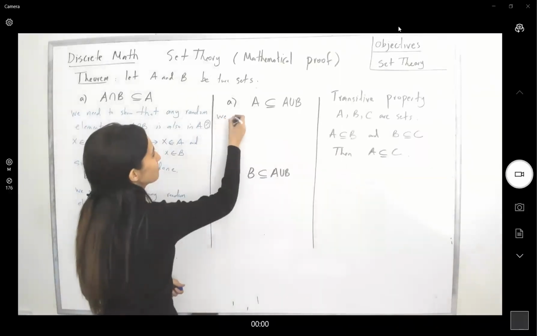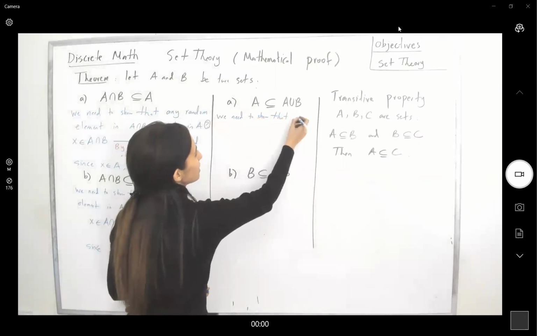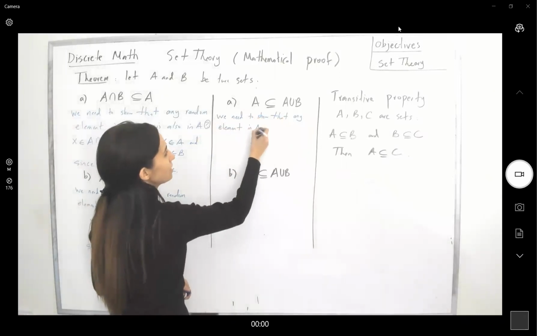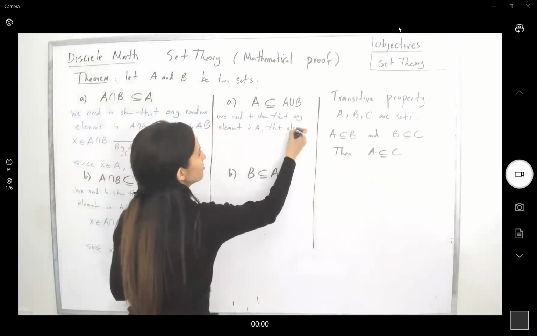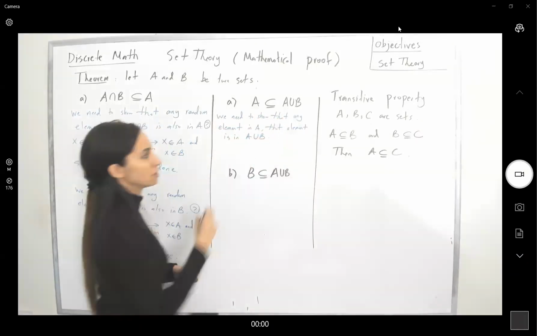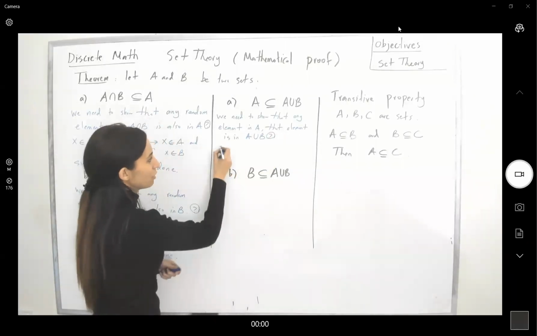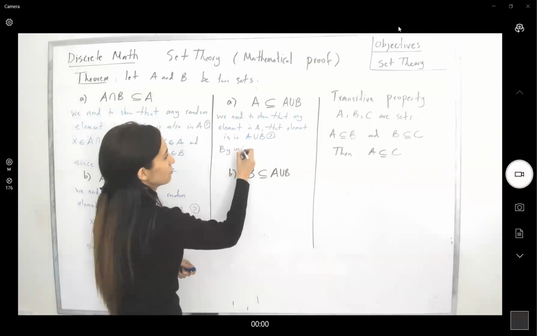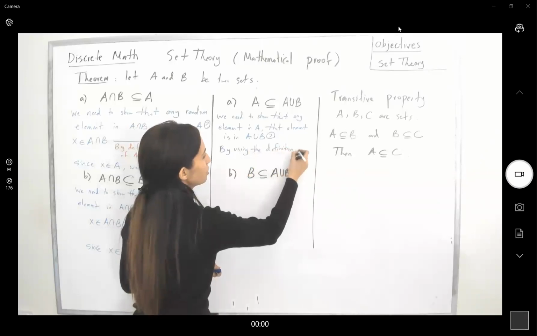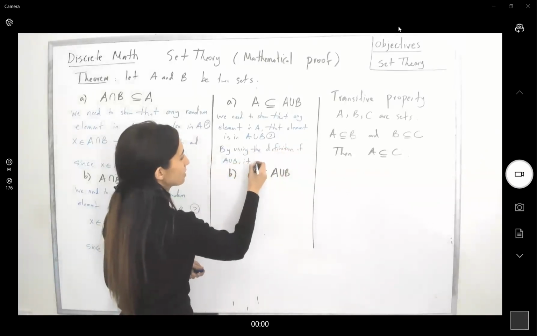You need to show that for any element, any random element in A, that element is in A union B. But it is obvious by using the definition of A union B, the proof is obvious.